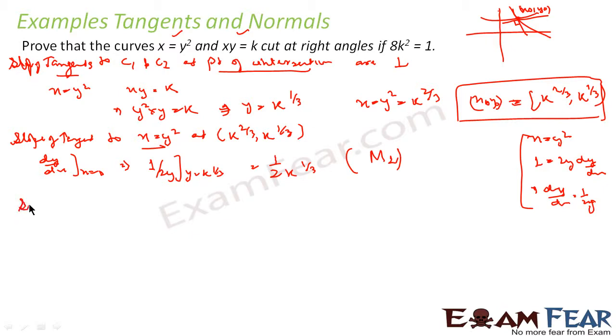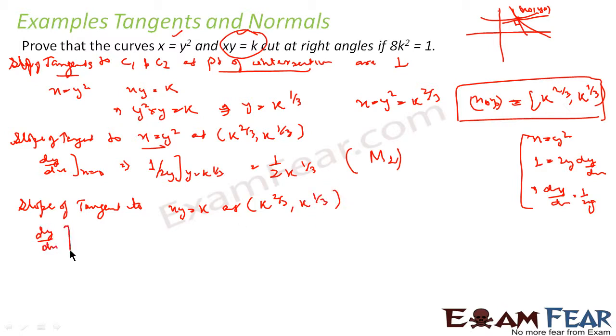Now let's find the slope of tangent to the second equation, xy is equal to k, at the same point, k to the power 2 by 3 and k to the power 1 by 3. So for this also I have to find dy by dx, where x is equal to k to the power 2 by 3 and y is equal to k to the power 1 by 3.